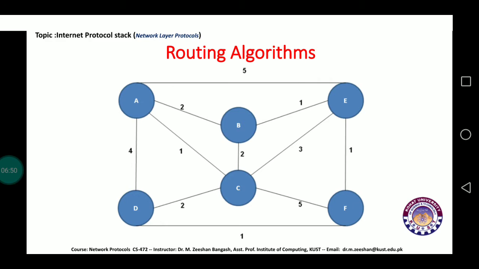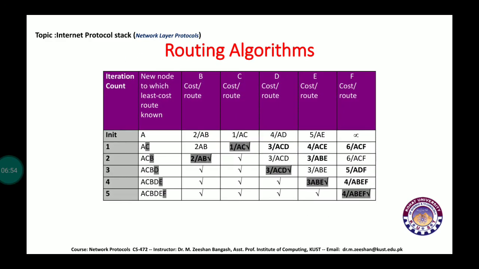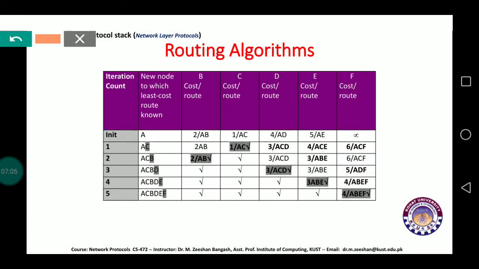So the same thing is shown in the upcoming slide as a table, in which you can just notice that if we start from node A and want to reach B, this route AB has a cost of 2.